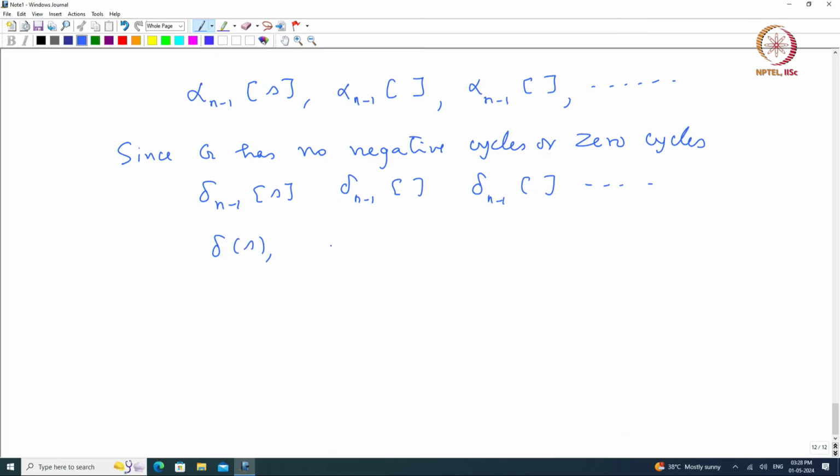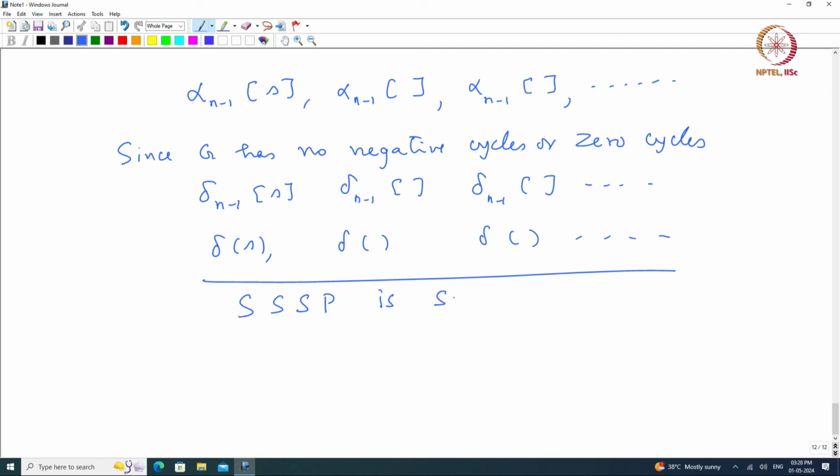But delta n minus 1 is nothing but delta, therefore delta S is computed, delta of this vertex is computed, delta of all vertices are computed. In other words, the single source shortest path problem is solved.